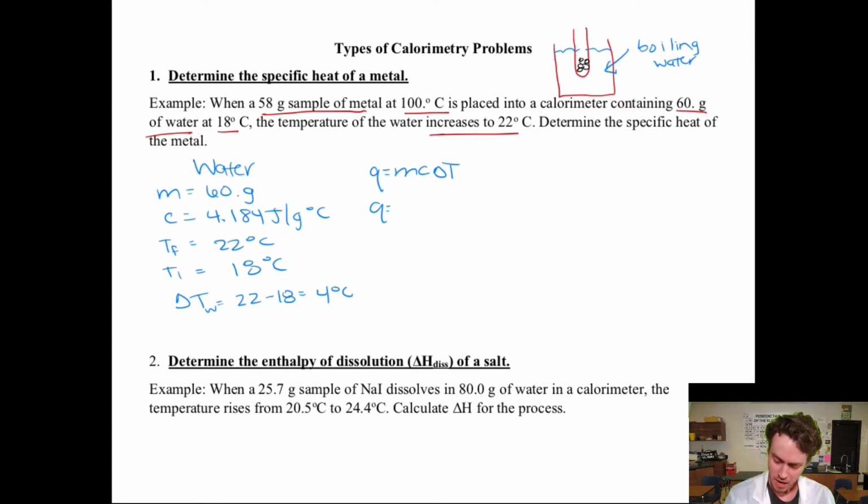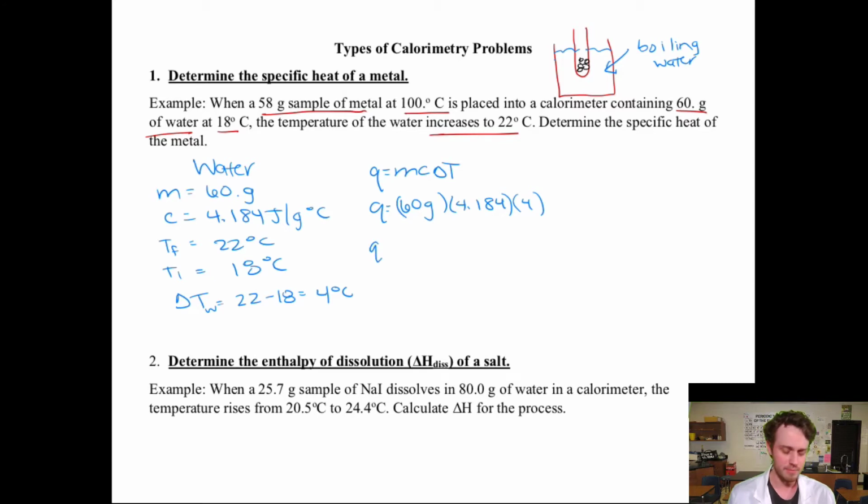Anyway, so for the mass of the water, we said that it is 60 grams. Now, you're going to see a problem in just a little bit where I add what dissolves in the water to the mass. I'm not going to do that here because that metal doesn't dissolve in the water. It's just going to be there and release its heat into the water. Okay, I'm going to plug in my specific heat capacity and my change in temperature.